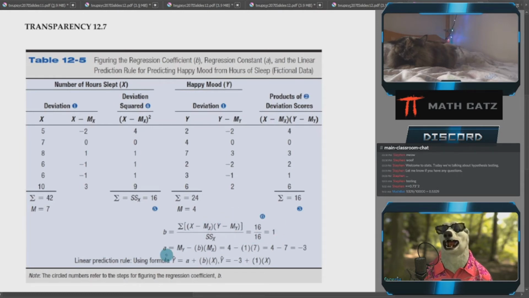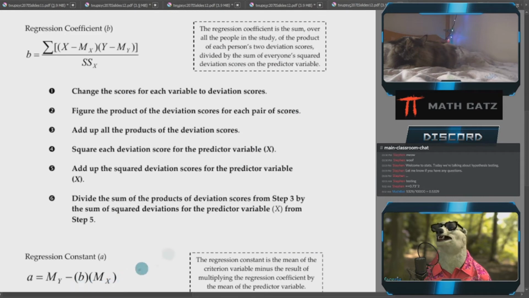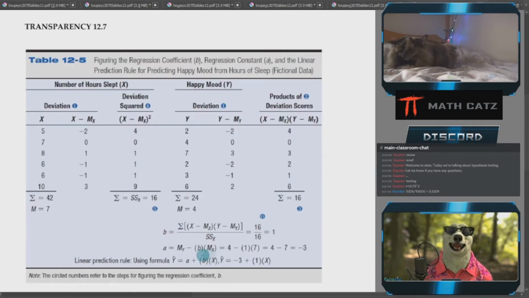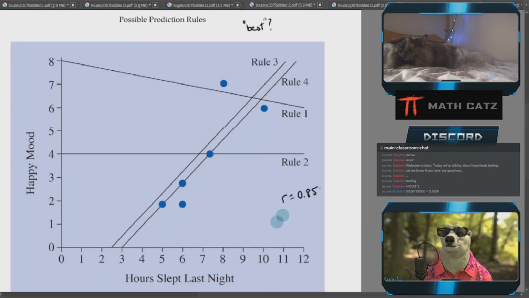Then I calculate a with the formula shown here. Much simpler to get the corresponding value of a, and in this case it's -3. So the best line is -3 plus 1 times x. Let's write that over here. Best line, predictor line, is -3 plus 1 times x.